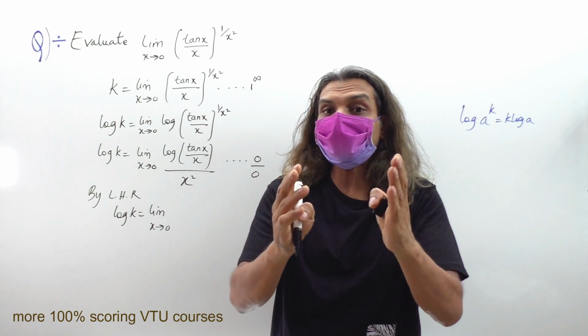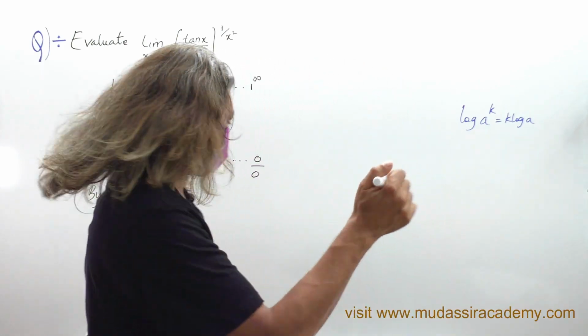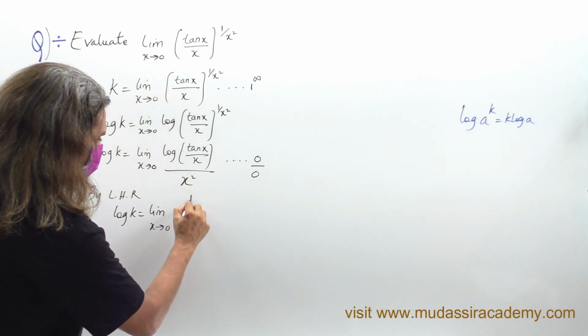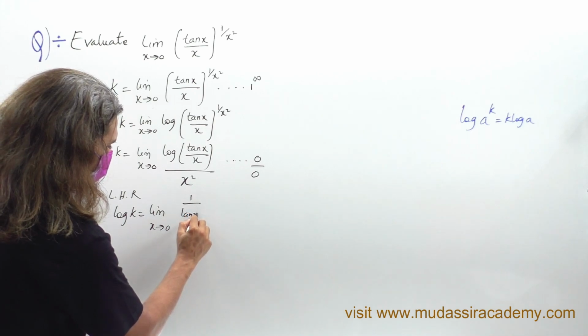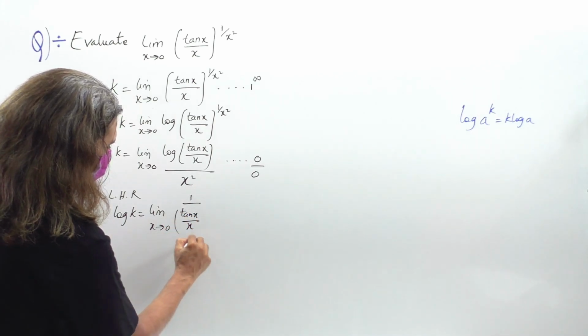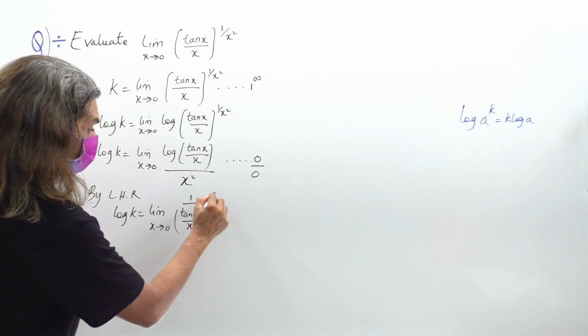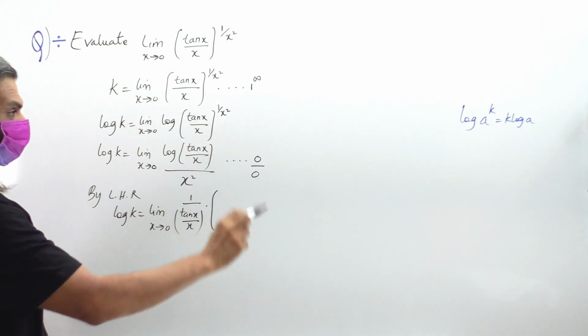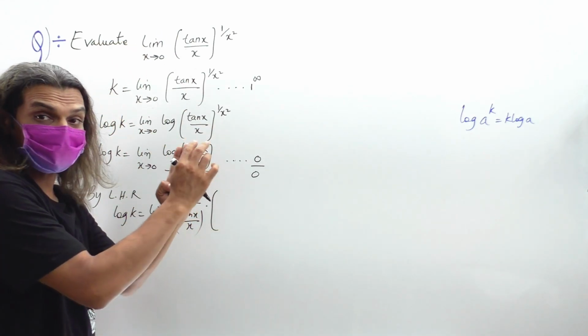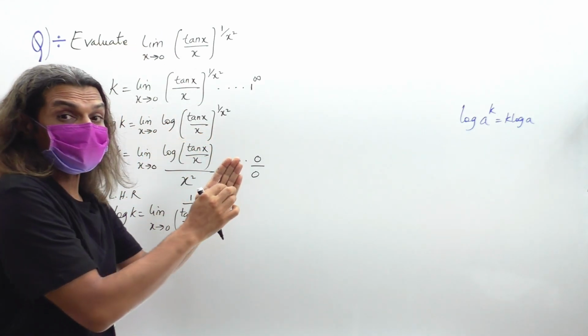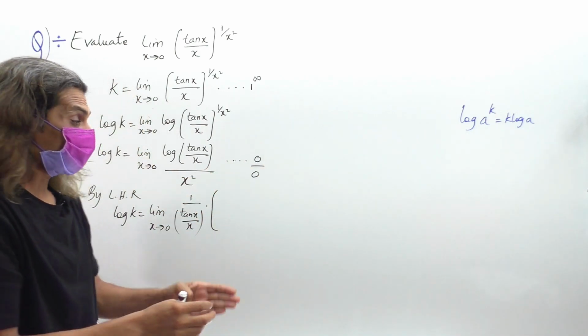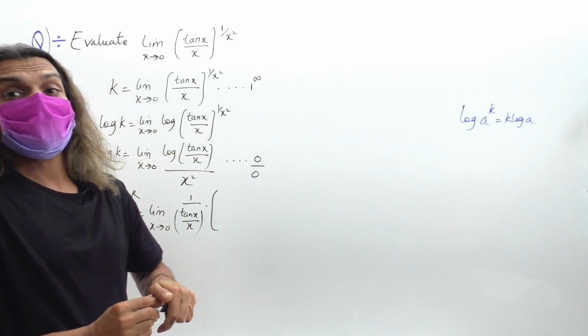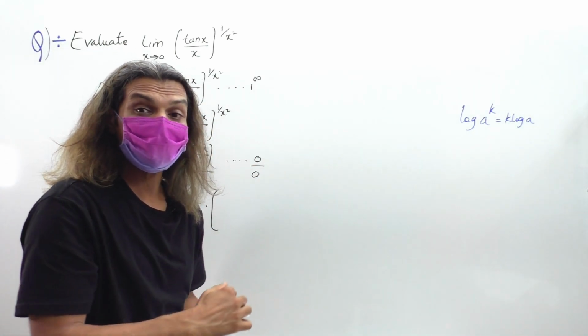So, differentiation of log of tan x by x is 1 by tan x by x. I write it first. This will be equal to 1 by tan x by x into, again, in place of x, what is there? tan x by x. So, differentiate again tan x by x. For this differentiation, we use the quotient rule.